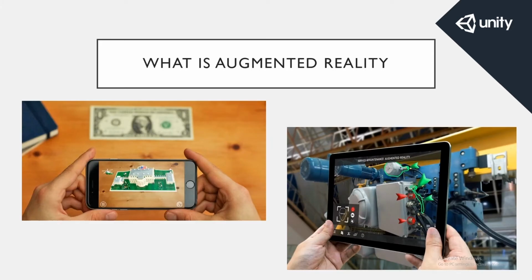So this is the example. You can see, when we scan the dollar sign, it will pop up the White House. That is marker based, where we scan the picture, so the app will detect the picture as a marker of augmented reality, and then it will pop up the 3D object.